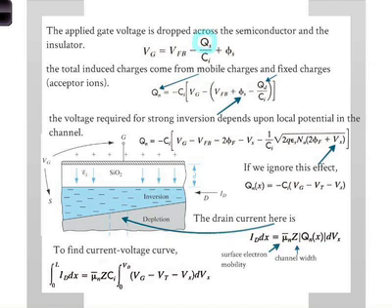These are electrons. N-channel, P substrate, N-channel. As I increase my gate voltage, what happens to these electrons? They're more strongly attracted to the gate. Yes, they move closer to the gate. They move closer to this interface. They like to get attracted.